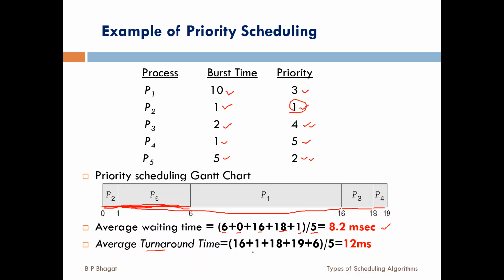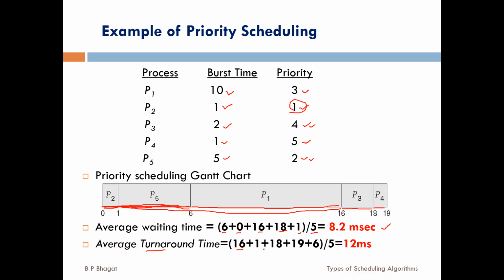So here we can see that process P1 is waiting from 0 to 6 milliseconds and executing from 6 to 16 milliseconds. So the turnaround time for P1 is 16.